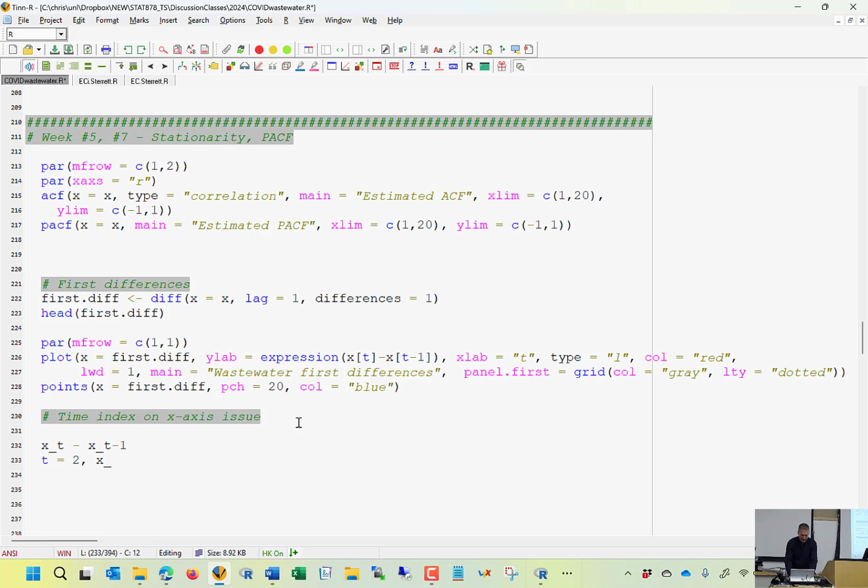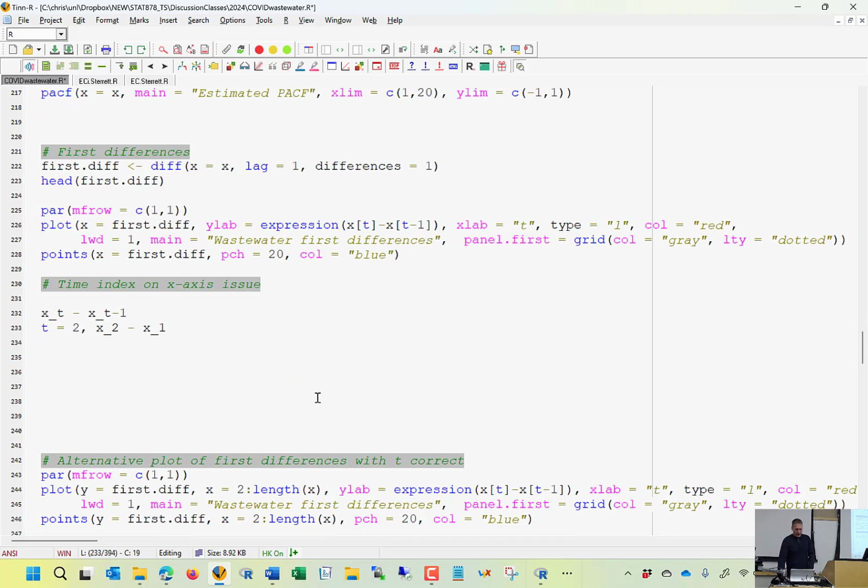So I have x sub 2 minus x sub 1. So if this plot was done 100% correctly, I need to plot this first difference versus an index of 2. Okay? So how do we do that?